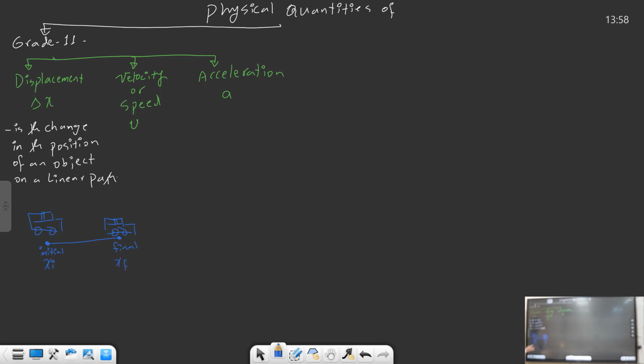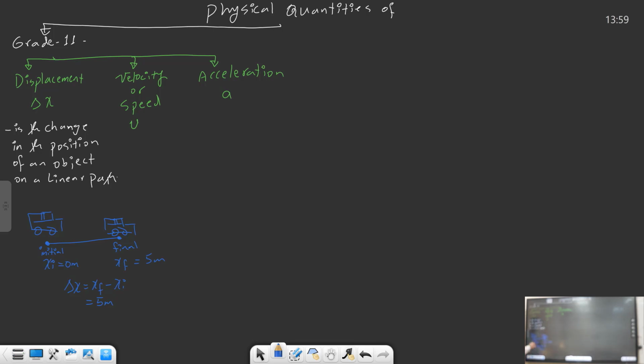Guys, in physics, to find the change in something, we usually subtract the initial from the final, okay, xf minus xi. If we consider that the initial position was 0 meters because the car was initially at rest and didn't move at all, so xi is equal to 0 and xf is equal to 5 meters. So if I find the displacement of this car, it's equal to 5 meters, okay?